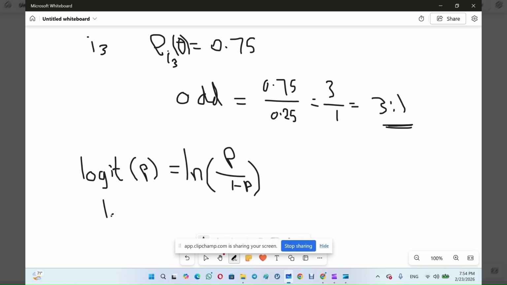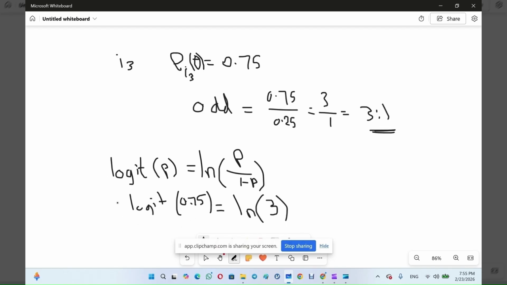So for example, the logit of this probability, which was 0.75, is the natural logarithm of 3. So this is the logit. The logit is the logarithm of the odds. So the logit of a certain probability is the logarithm of the odds.